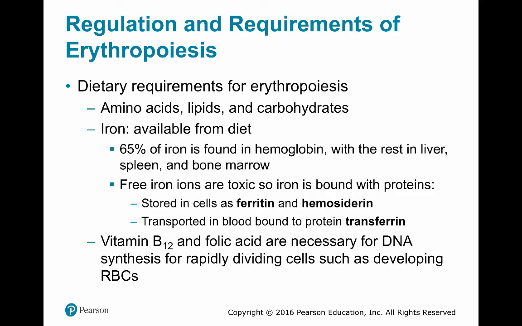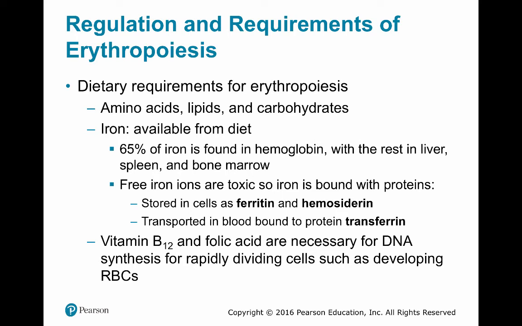Now, for the dietary requirements for red blood cell formation, or erythropoiesis, it's important that we have amino acids, lipids, and carbohydrates. It's imperative that you have iron. And iron can be found basically as ferritin or hemosiderin.